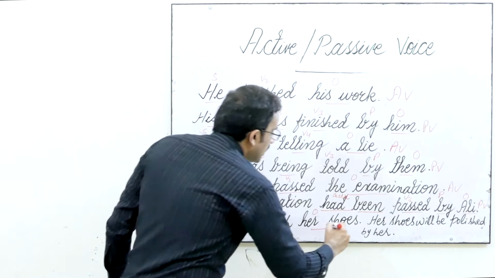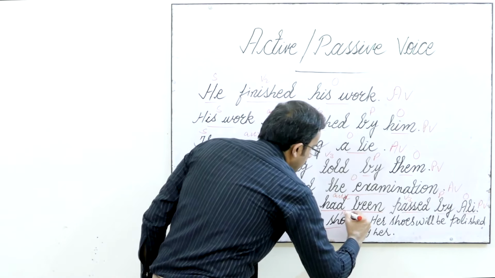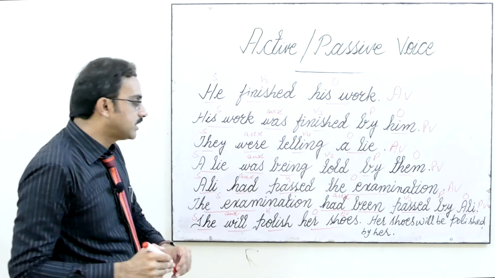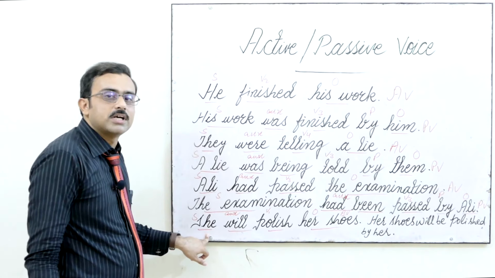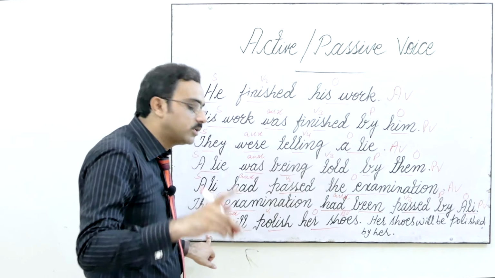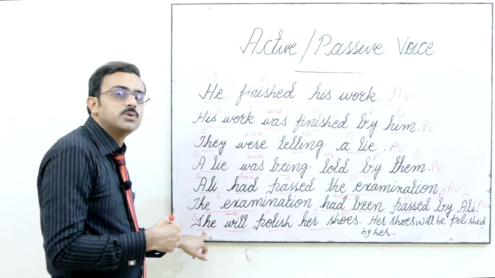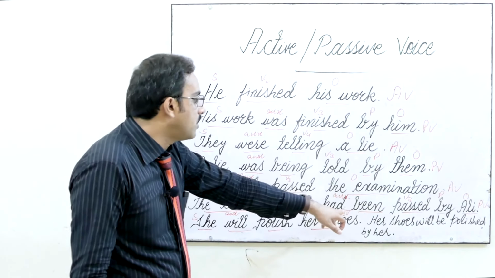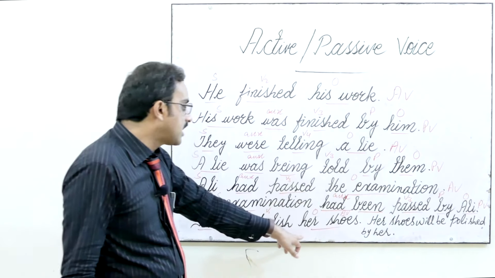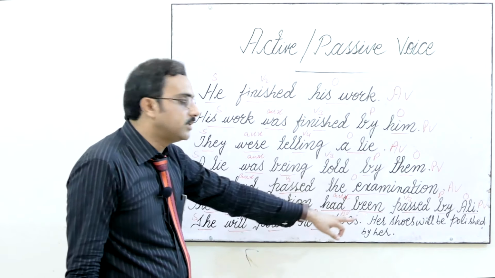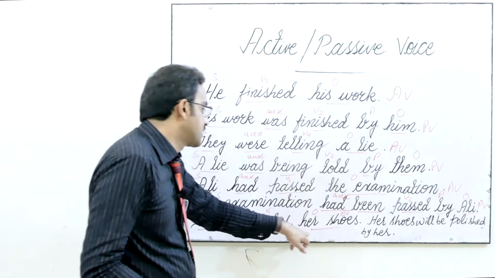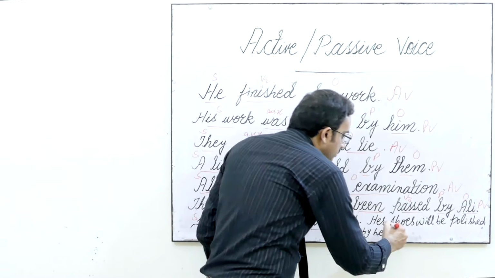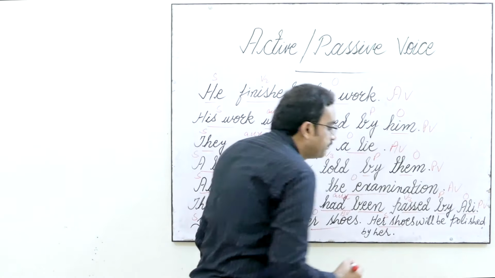So this is active voice. How did we come to know that this one is active voice? Because the subject, she, is prominent. The prominence is being given to she, the subject, the doer, the performer. Okay, now we are going to change this active voice of future simple into passive voice of future simple. Her shoes, object, changes into subject of passive.